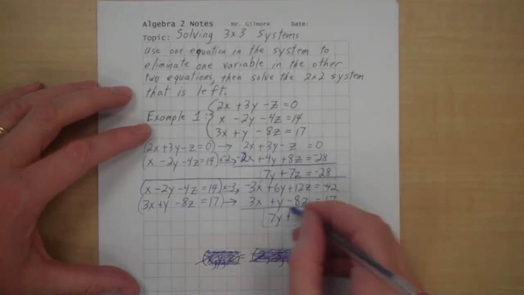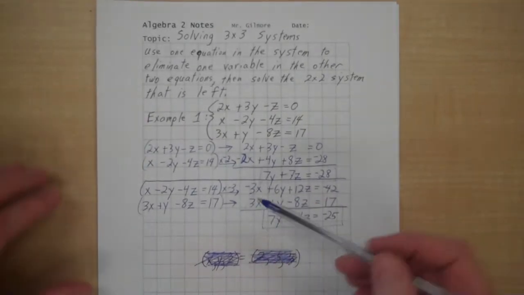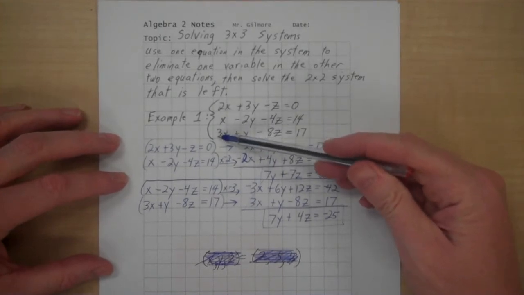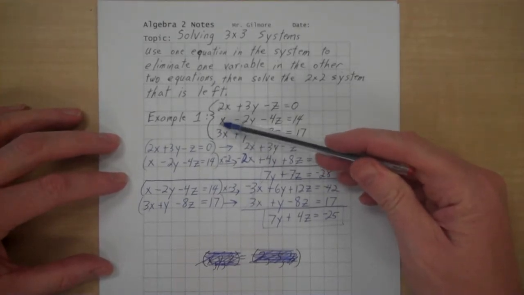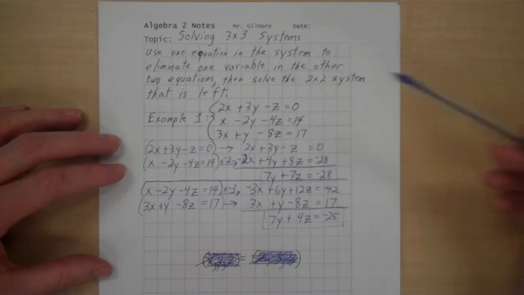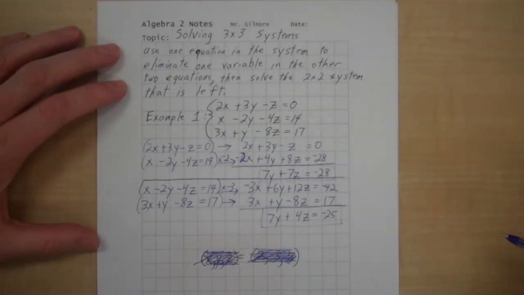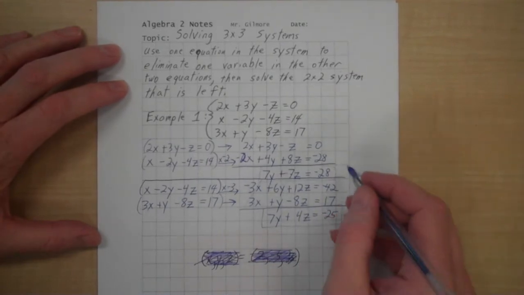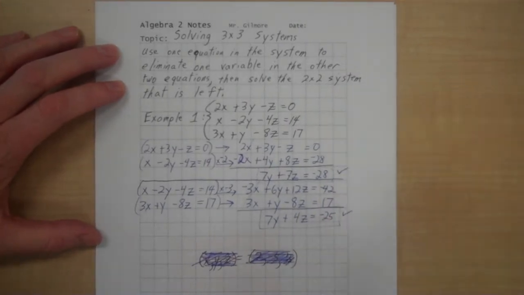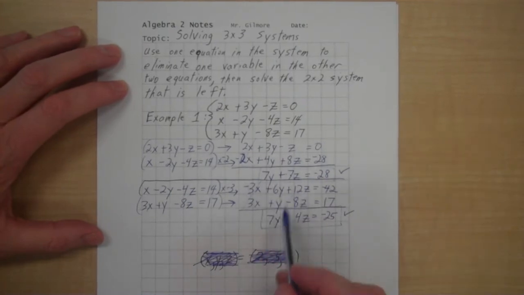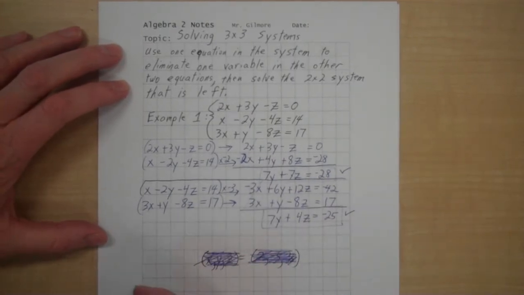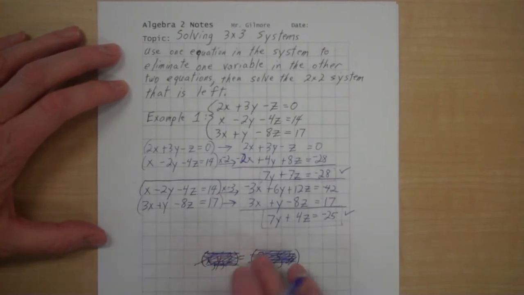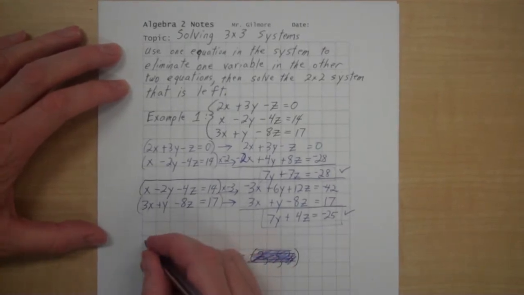Now I've got this equation. I used the second equation to eliminate the x's from the first equation and the third equation. So at this point I'm going to take the two equations that have y and z in them and solve.